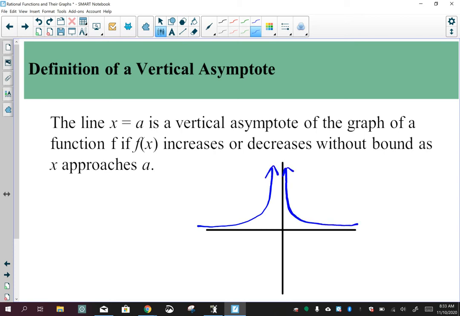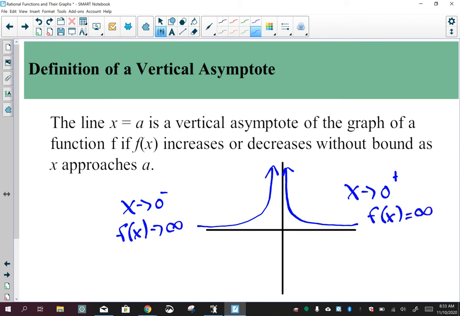When you're looking at this, you would say as x approaches 0 from the left side, my f of x is going, since I'm going up, to positive infinity. If I'm reading on this side, as x approaches 0 from the right side, again in this case, my f of x is going to positive infinity.